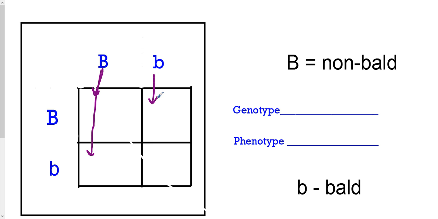Little b comes here and also here. So for this case, we have capital B, little b, capital B, little b. That's coming from the mom.